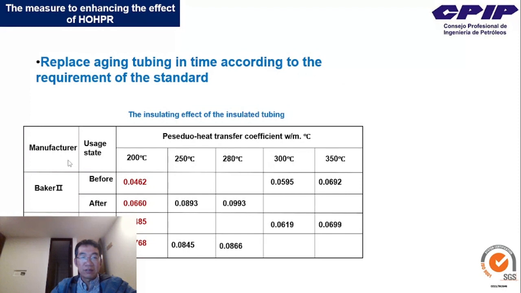We can see that routine tubing, used several times, has some breakage or corruption, so it cannot provide good isolation. So we can see the table. When we change to the new one, it's better than the first one.